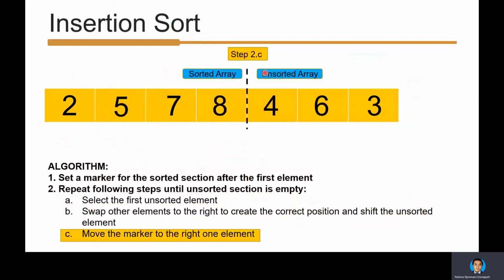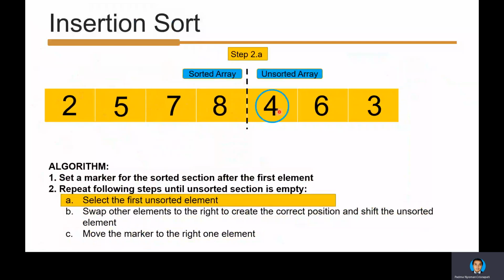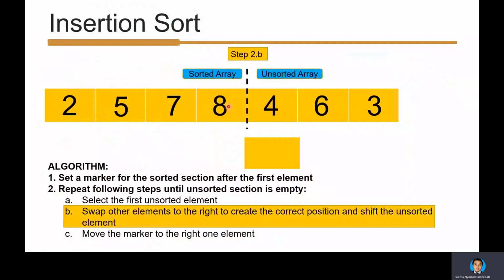So the next one, we move this marker, and then select again the unsorted element, and then swap it because 4 is smaller than 8. But 4 is not smaller than 2, so 4 will be placed here.